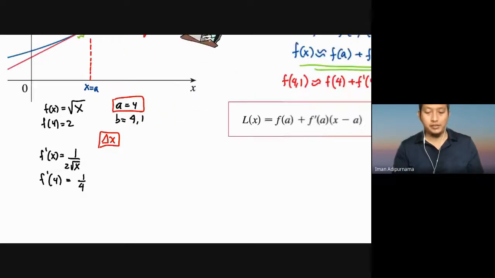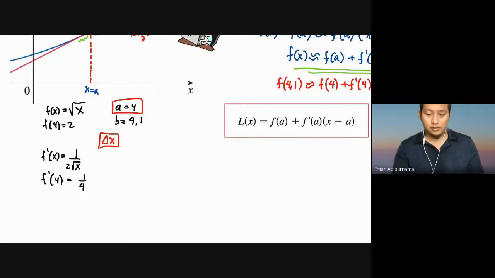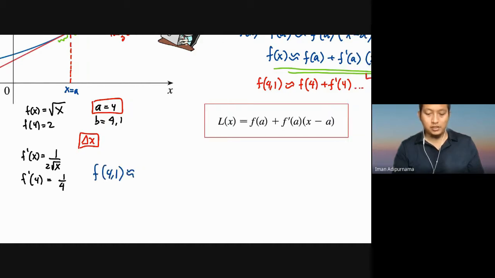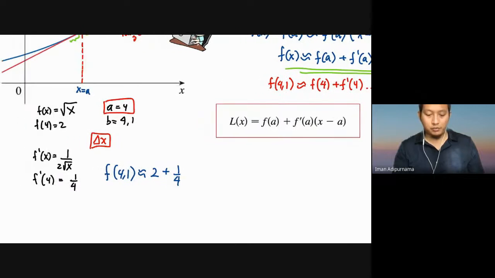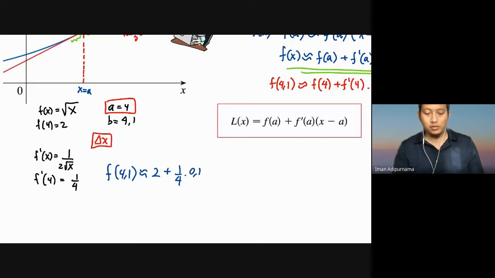So f of 4.1 is approximately 2 plus 1/4 times the delta, which is 0.1, or you can say 2 plus 1/40. And if you check with a calculator, the result will be close to this.